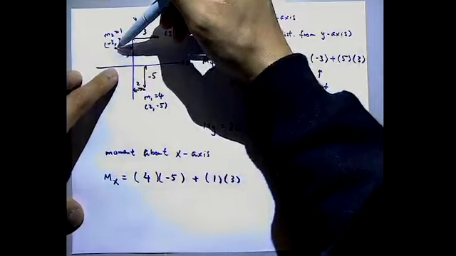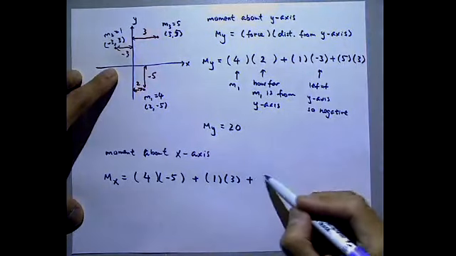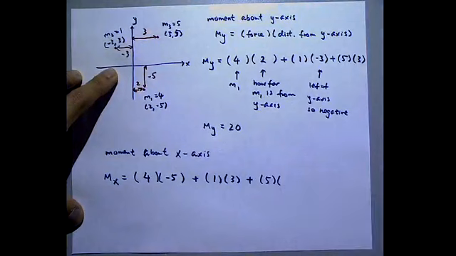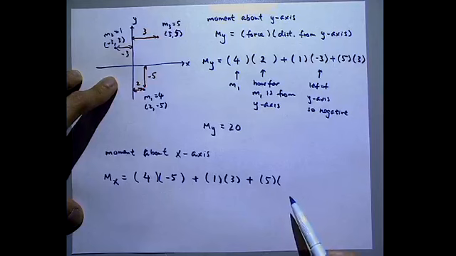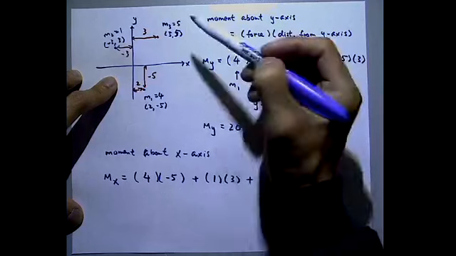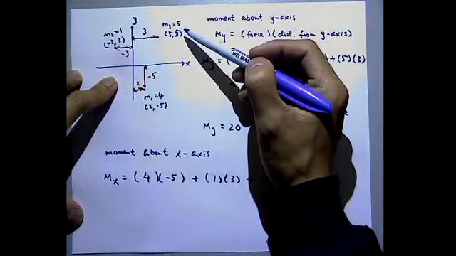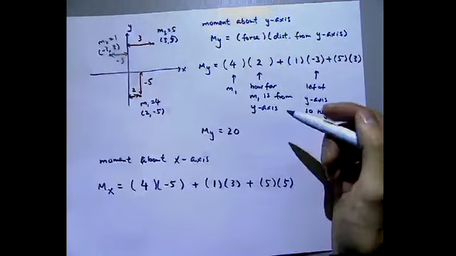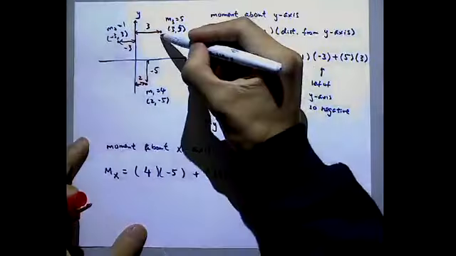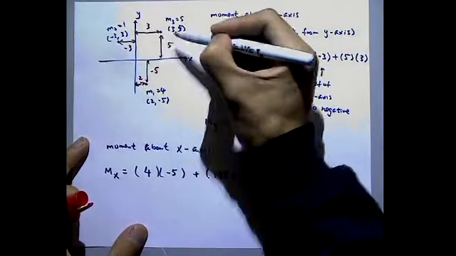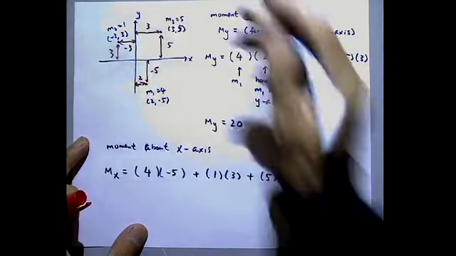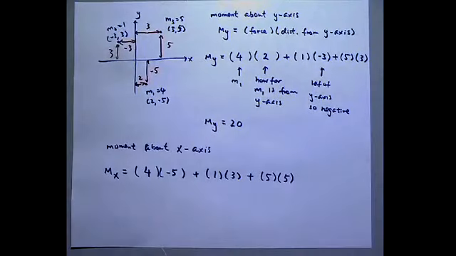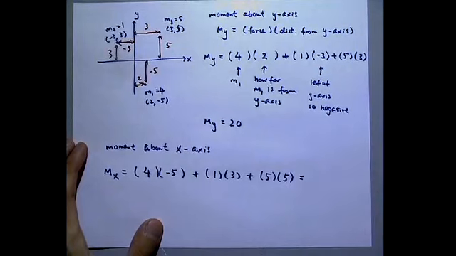It's at a distance of 3 from the x-axis. Last one. Mass is 5, distance from the x-axis. 5, right? Right, so this is a distance of 5, this is 3, and so on. Okay, so what do we get out of here? We get 8.